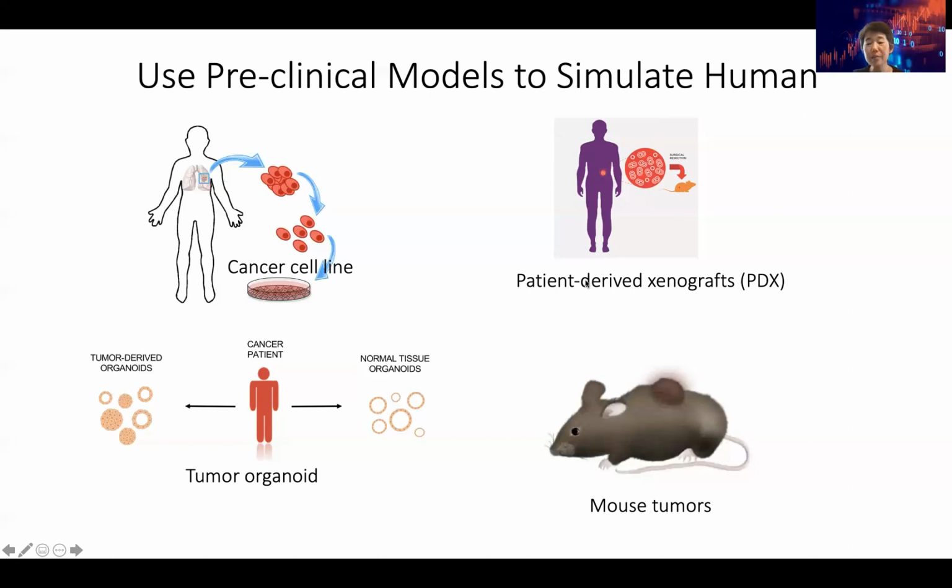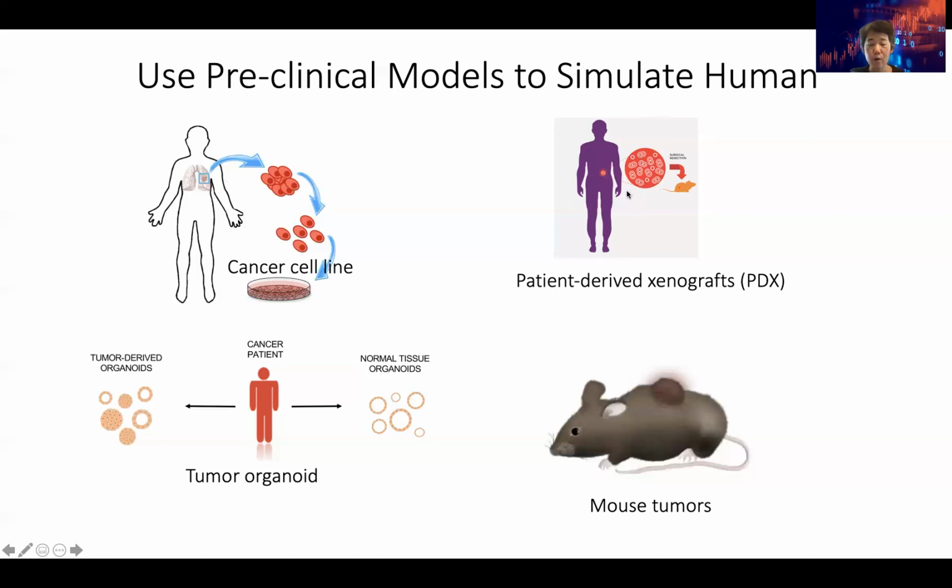Sometimes, after the patient has surgery, the tumors are taken out and implanted in multiple mice, and scientists or doctors can treat the mice with different drugs and then see which tumor can shrink in the mice. Then they will know which drug to give to the patient.